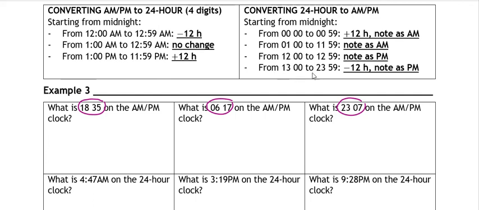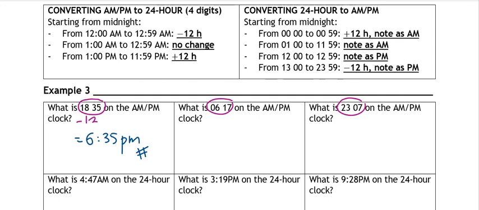This is under the fourth category, which is from 13 to 23. When you want to note it as AM or PM, you have to subtract 12. So 18 minus 12 is 6. So 6:35. Agreed? Here, 18 is beyond noon, so you will get PM. So that's for the first one.